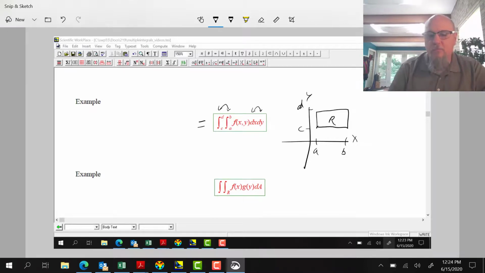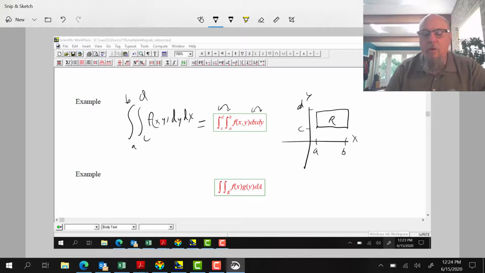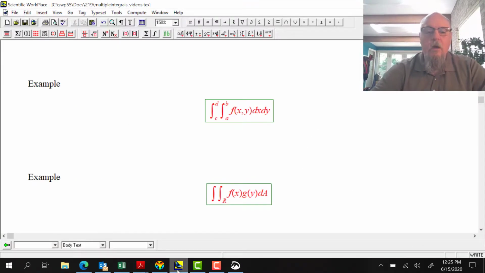So what I want to express with this is, if I switch the endpoints of integration, dy, dx, now the y's go from c to d, and the x's go from a to b. So on a rectangle, I can just switch everything. On a non-rectangular shape, which is in a video coming up, you can't just do that.